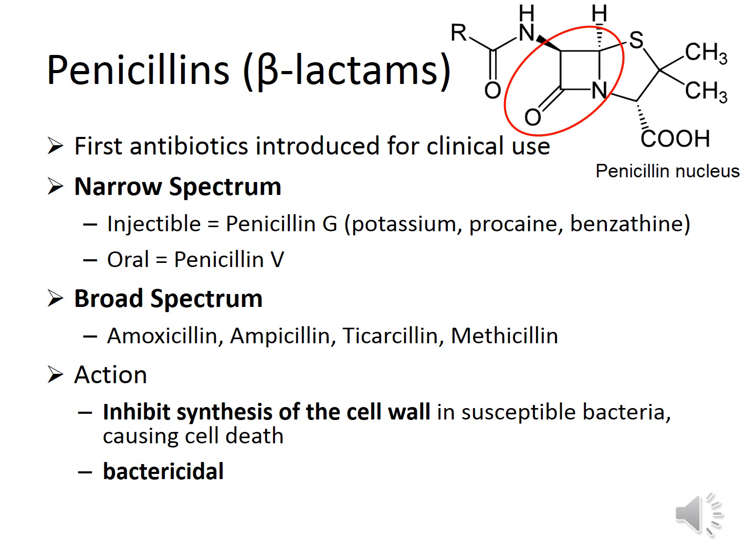Without the ability to make that enzyme work and link the peptidoglycan molecules, the bacteria can't fix damaged cell walls, and the cell ends up being destroyed because the cell wall lyses, or the integrity of the cell wall is compromised, and the bacterial cell itself is lysed. Therefore, these antibiotics are all bactericidal.